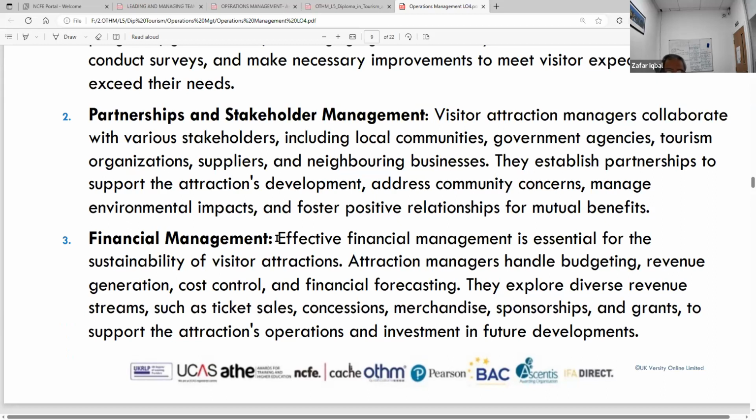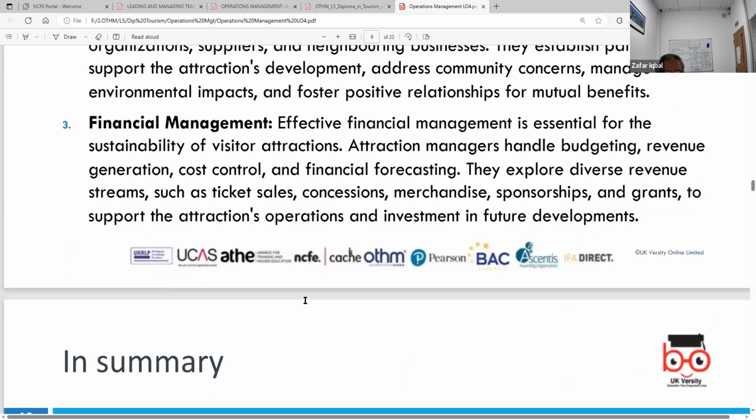Whereas the Blackpool Tower has existed for over 50 years, 100 years, and it's attractive. It provides local jobs, sustainability, and attraction, and all the financial management and stakeholders and everything else. So it stays open.